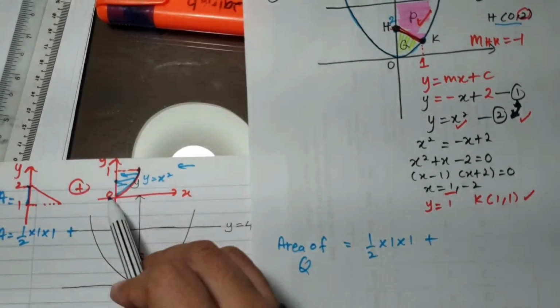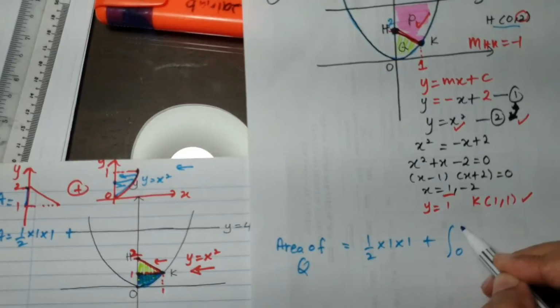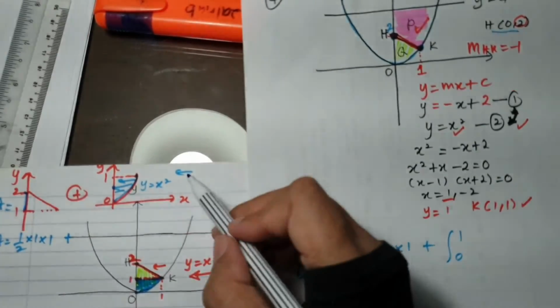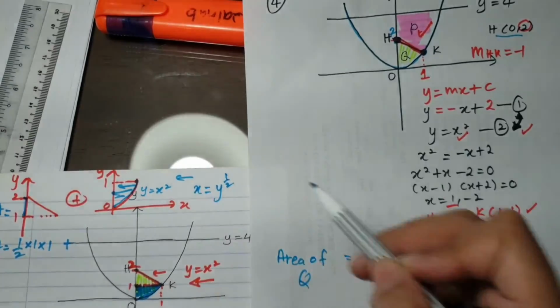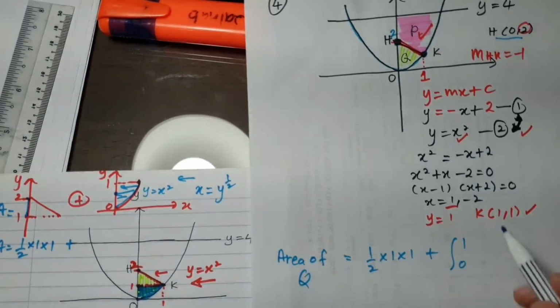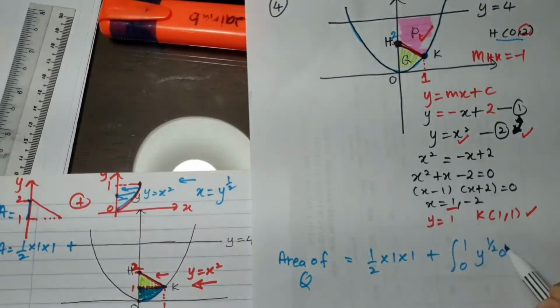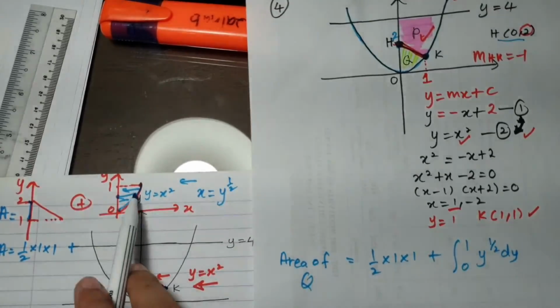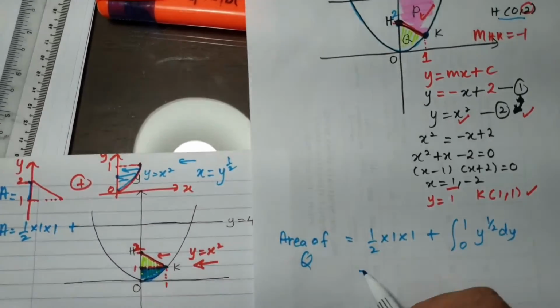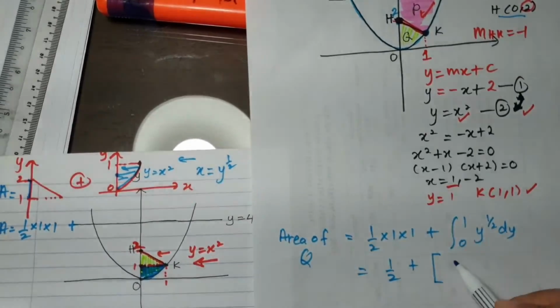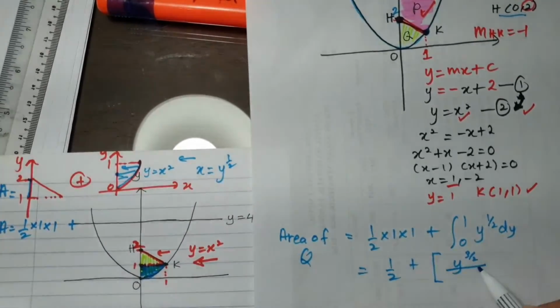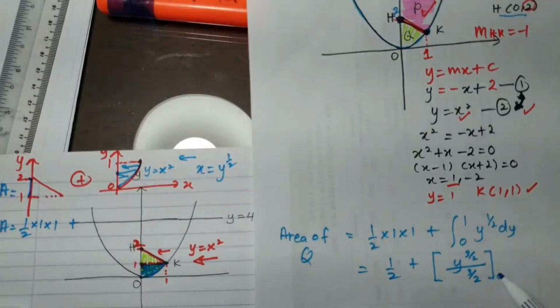So we take 0 to 1, and then since bounded by y, x as your subject, so become y power of half dy, because right now we choose area bounded by y-axis. Okay, this is half plus, power of 3 over 2 over 3 over 2, 0 to 1.